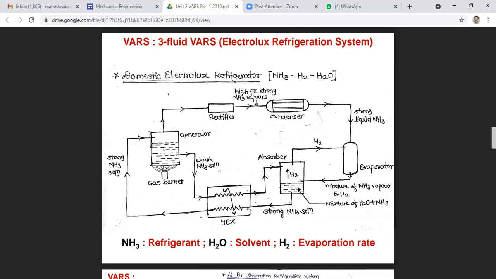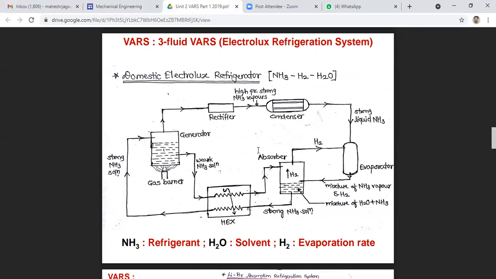So the flow of working fluid takes place by the action of gravity itself. Besides that, hydrogen gas is used to improve the performance of the evaporator.